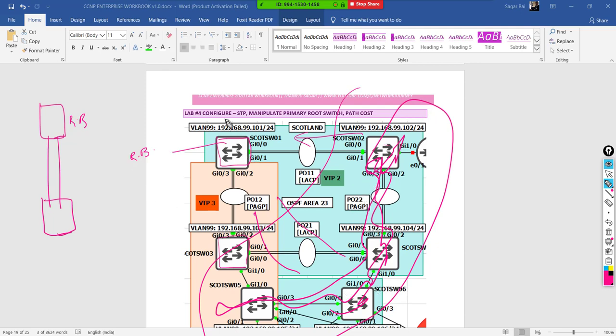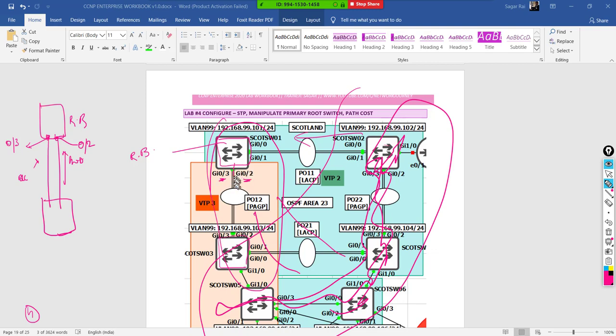Now when I talk about this segment, in this segment also, one will be forwarding and the other one will be blocking. Basically, on the basis of the last tiebreaker, the neighbor's physical port number, the one with the highest will be blocking. So let's say this is 0/2 and 0/3.